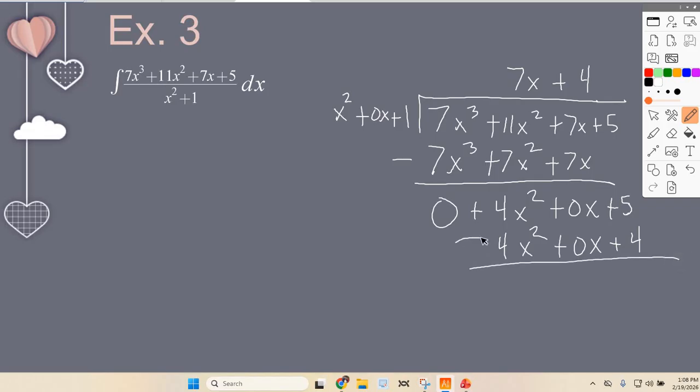So maybe check my addition right there. 7x cubed. No, that should be a 0. I thought this was a 1. There we go.